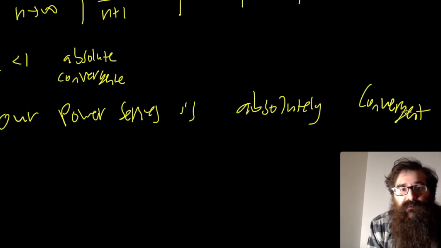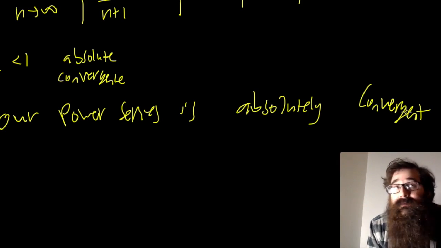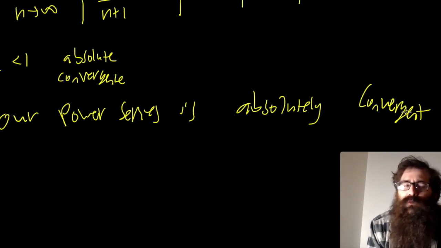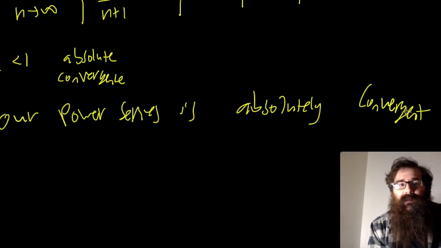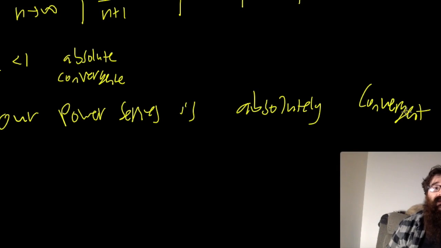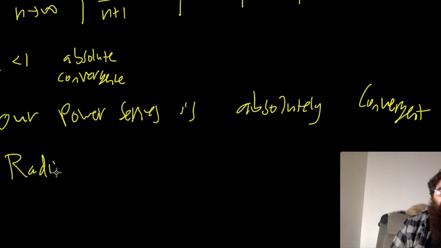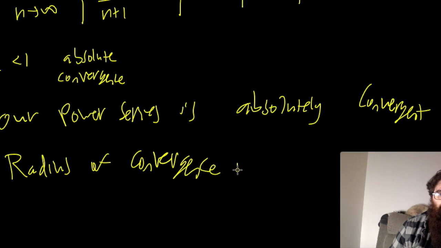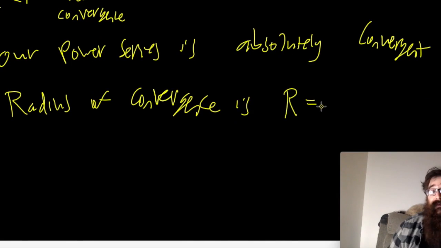There's no qualifiers. There's nothing to consider, which I think gets a little confusing now because, well, how am I going to build my radius and my interval of convergence? But here's where we just want to interpret what's happening. And it's actually going to be quite quick. Since we had nothing else to say other than, okay, the result was 0, 0 is less than 1, we have absolute convergence of our power series, that means the radius of convergence is capital R equals infinity.